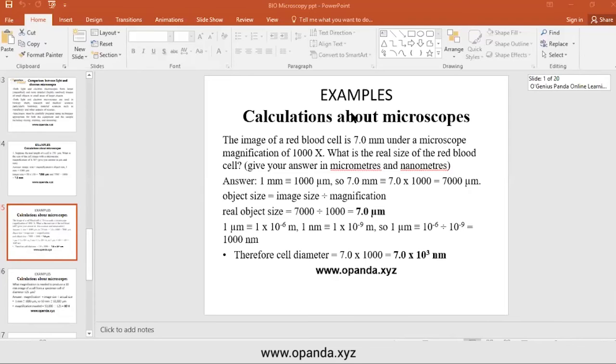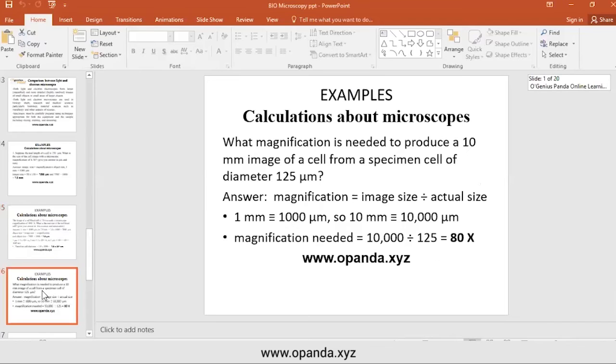Another example. What magnification is needed to produce a 10 millimeter image of a cell from a specimen cell of diameter 125 micrometers? Now we are required to calculate the magnification.